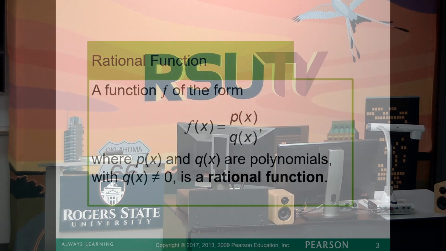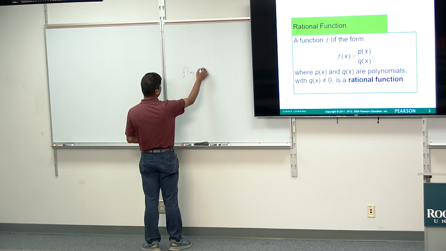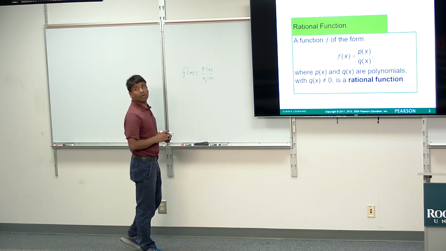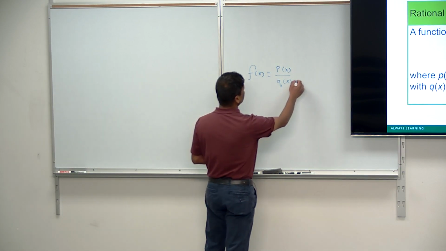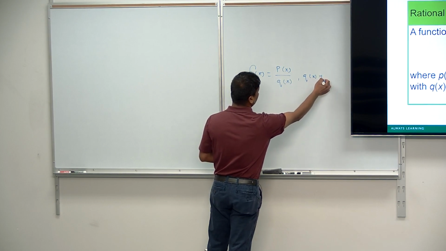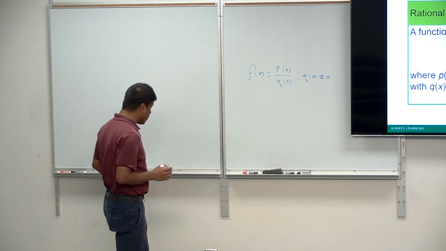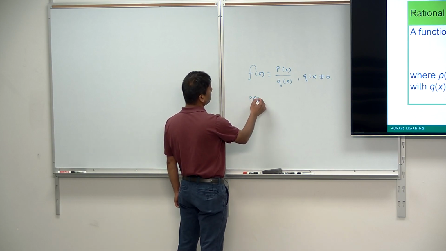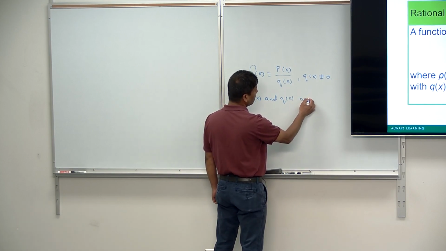So let me define the rational function. If you have a function f(x) equal to p(x) over q(x), where p(x) and q(x) are polynomials with q(x) not equal to 0, then this is a rational function.